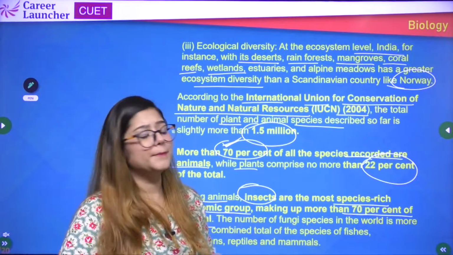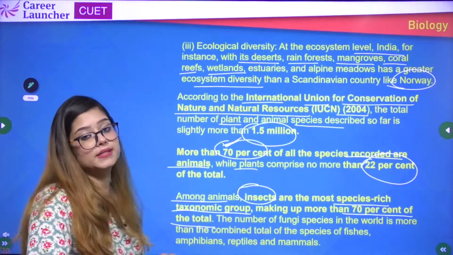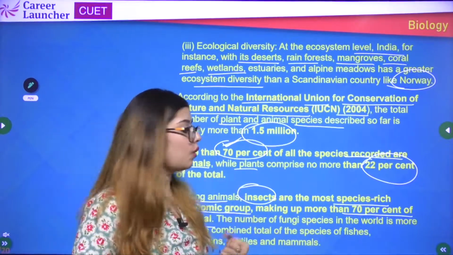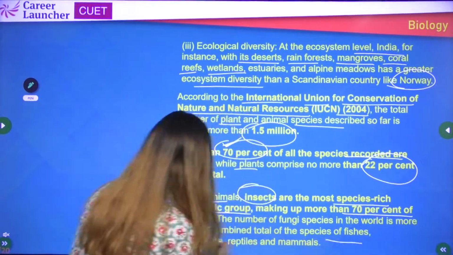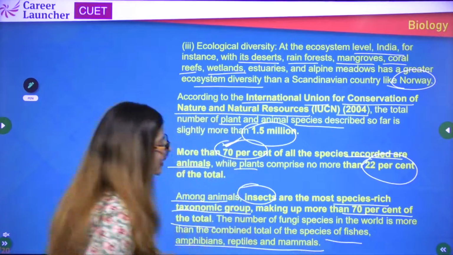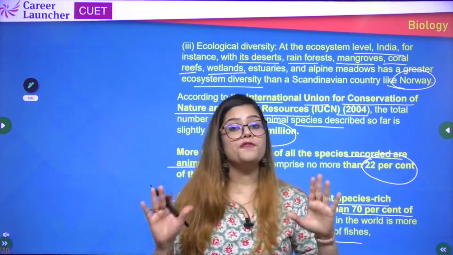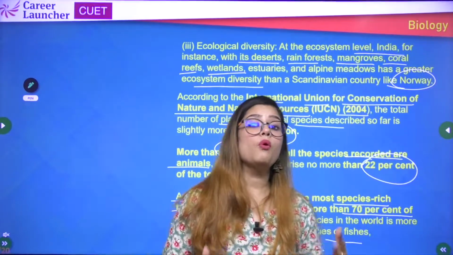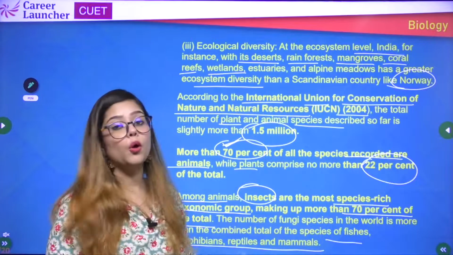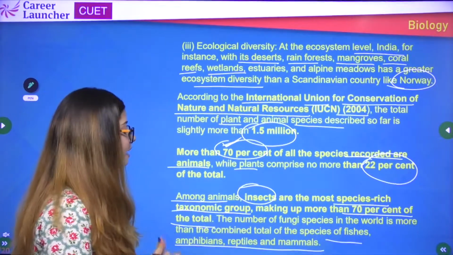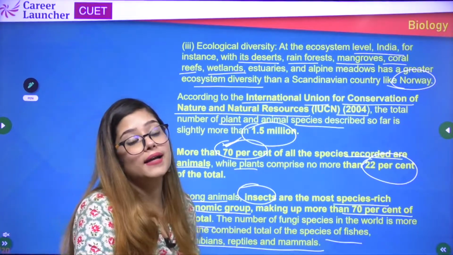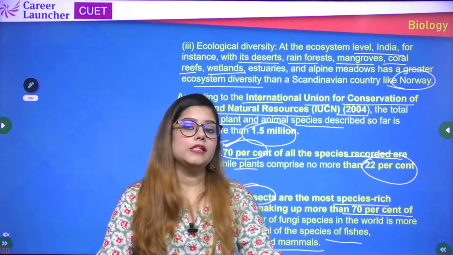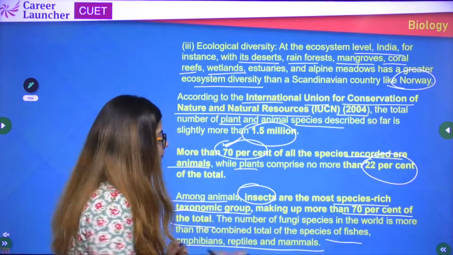If we take another example, the number of fungus species in the world is more than the combined total of species of fishes, amphibians, reptiles and mammals. So the species of fungus alone are so many that it is even more than the combined total of the species of fishes, amphibians, reptiles and mammals. So that gives us an idea about how much diversity is present in case of fungus.